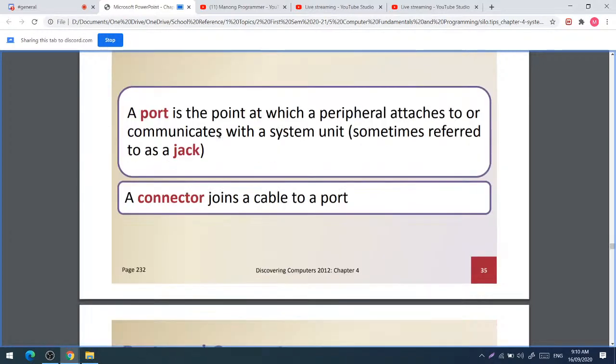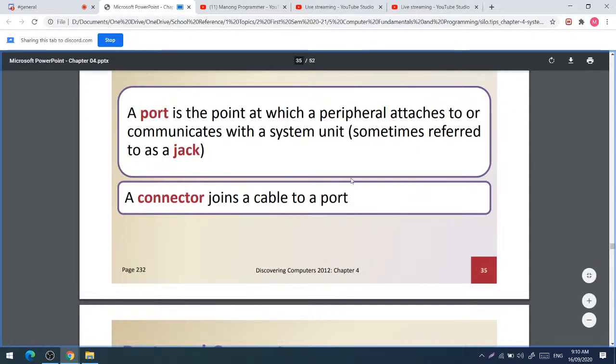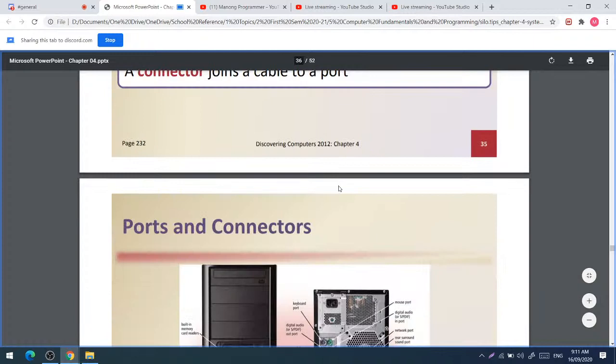So, a port is the point at which peripheral attaches to or communicates with the system unit. So, sometimes referred to as jack. Merong audio jack, PCI jack, mga ganon. So, a connector joins a cable to a port. Connector po yun.